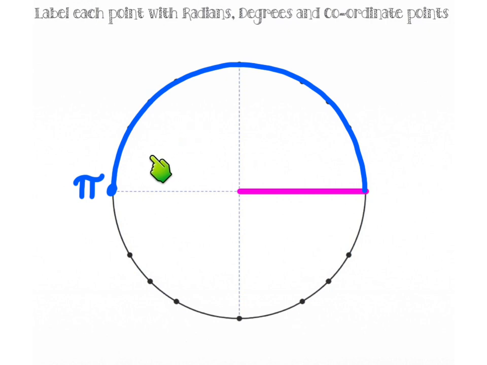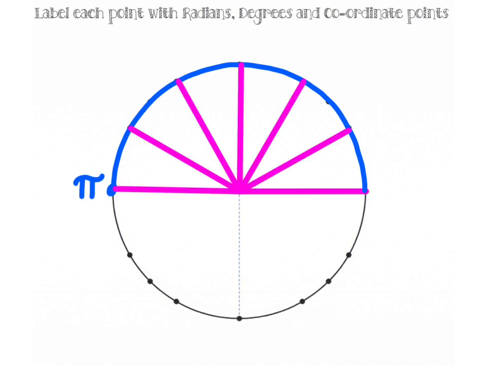If I take just this top half of the circle and I divide it into equal slices, and I made 6 slices, so each of those slices is 1/6 of the way halfway around the circle, which means this length right here is 1/6 of pi.